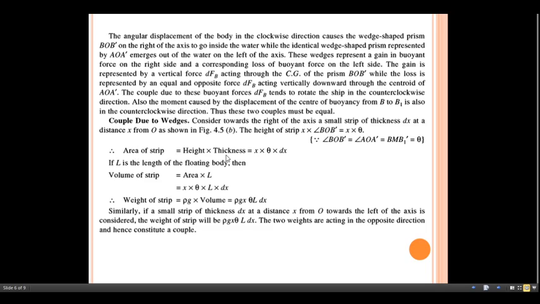The height is x multiplied by theta, and the thickness is dx.